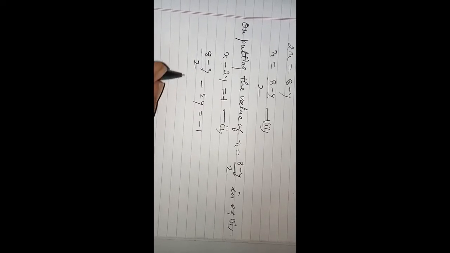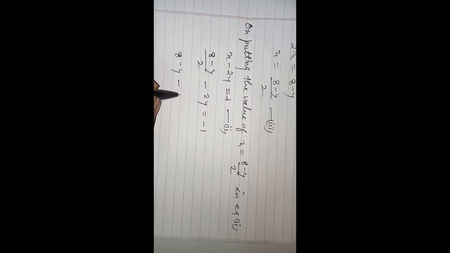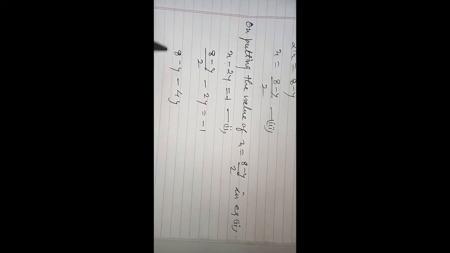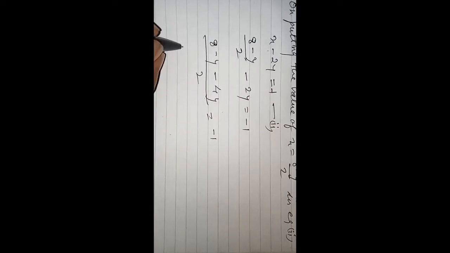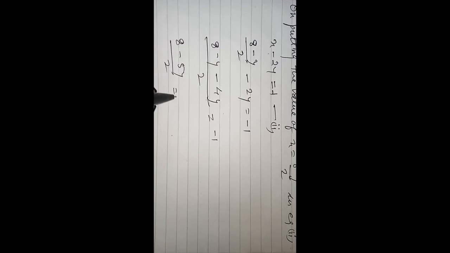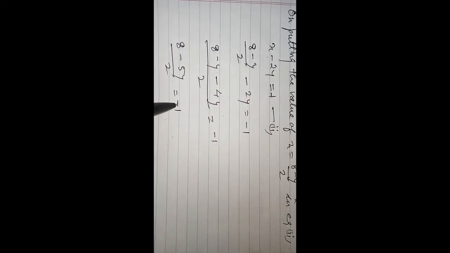is equal to minus 1. Now taking the LCM, 8 minus y minus 4y upon 2 is equal to minus 1. Minus y and minus 4y becomes minus 5y. So 8 minus 5y upon 2 is equal to minus 1. Now we use cross multiplication, 2 into minus 1.